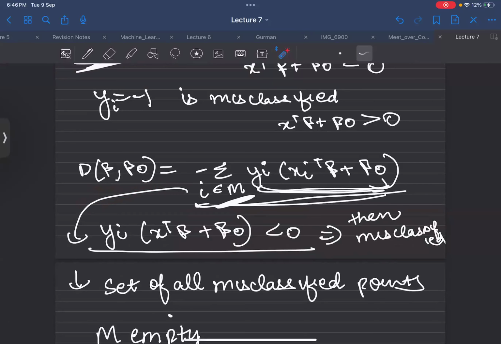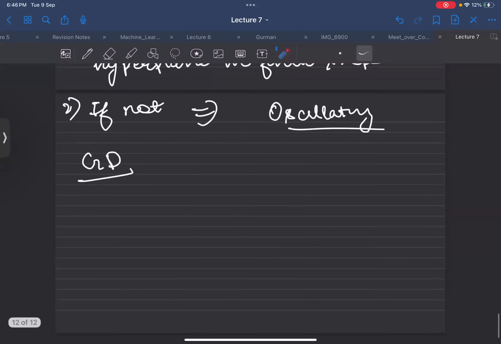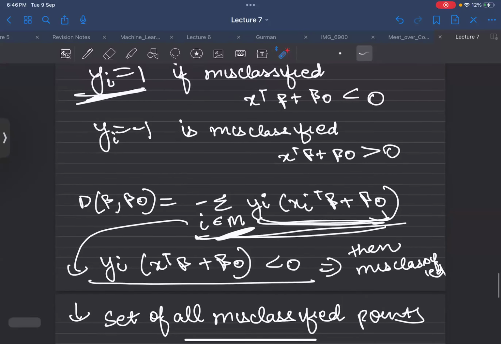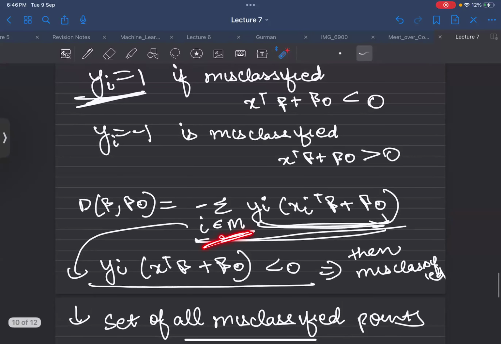That's what you are saying, that I'm having a conflict. Not basically a conflict. In an ideal world, both of them should be the same. One thing is I'm saying it should be minimum misclassified points, and one point I'm saying it should be empty. Actually, both of them make the same statement.